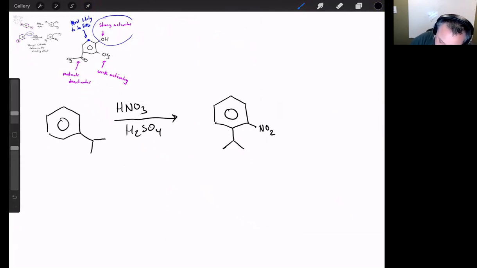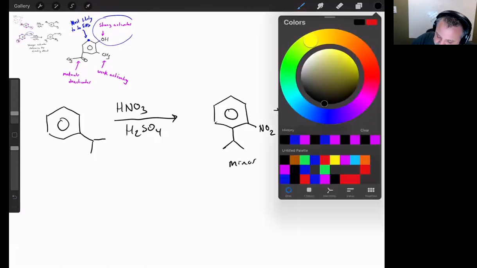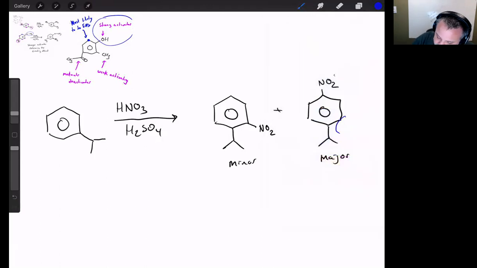I got this one as a possibility, but this one is also a possibility since the isopropyl group directs both ortho and para. It turns out this one is the minor product and this one is the major product simply because of the steric hindrance at these locations due to the bulk of the isopropyl group.